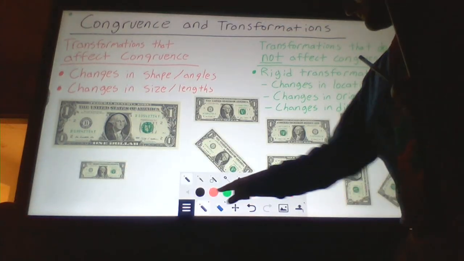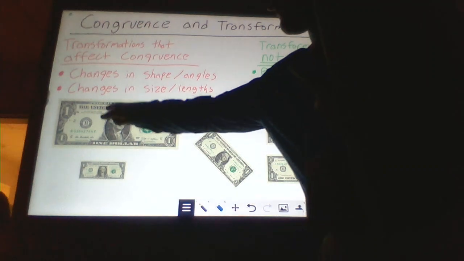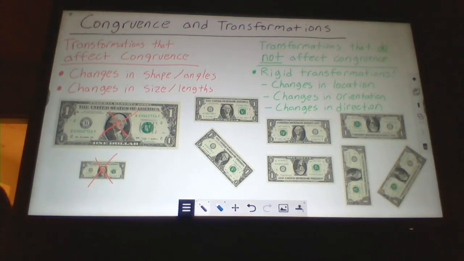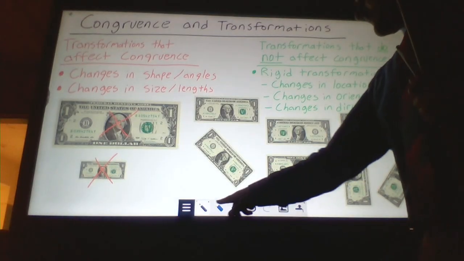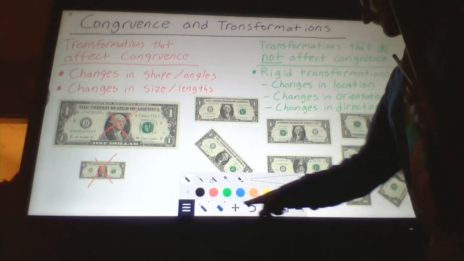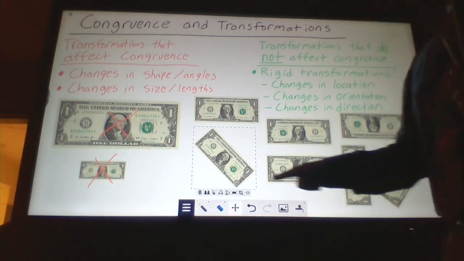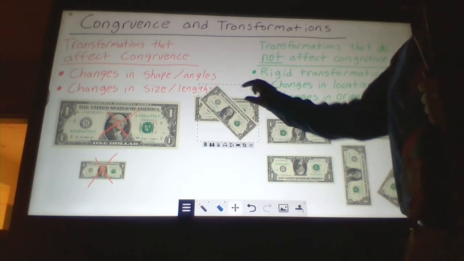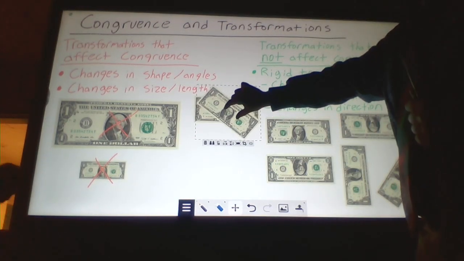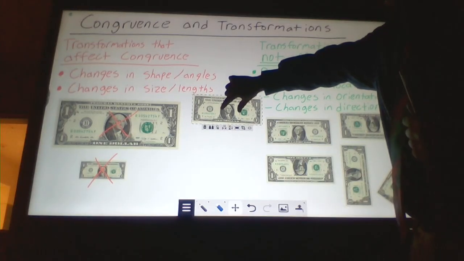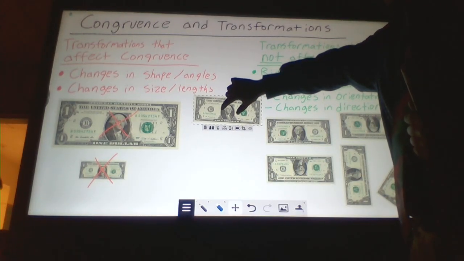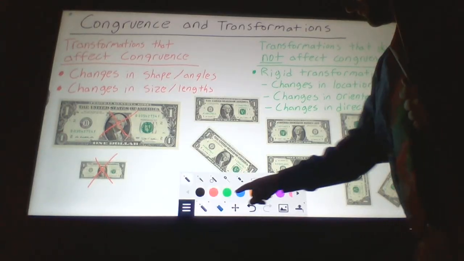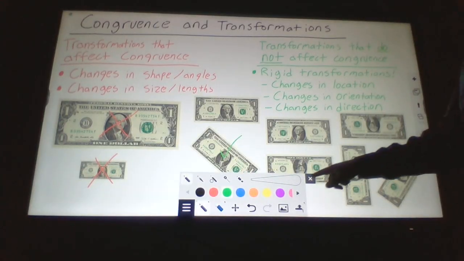Therefore, we have dollar bills that are similar to the original, but not congruent. By contrast, if we take one of these other dollar bills here, this dollar bill can be overlaid with the original simply by rotating it and turning it. Therefore, this one is congruent to the original dollar bill.